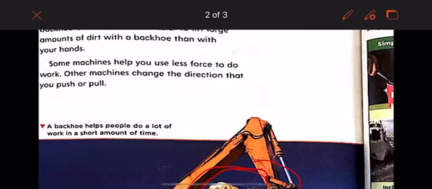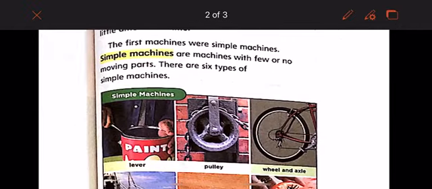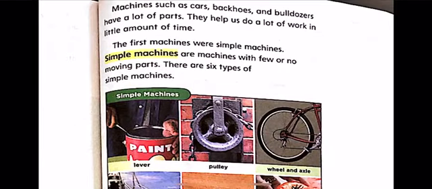Okay, again, let's go back. A machine is something that makes work easier to do. Machines such as cars, backhoes, and bulldozers have a lot of parts. They help us do a lot of work in a little amount of time.